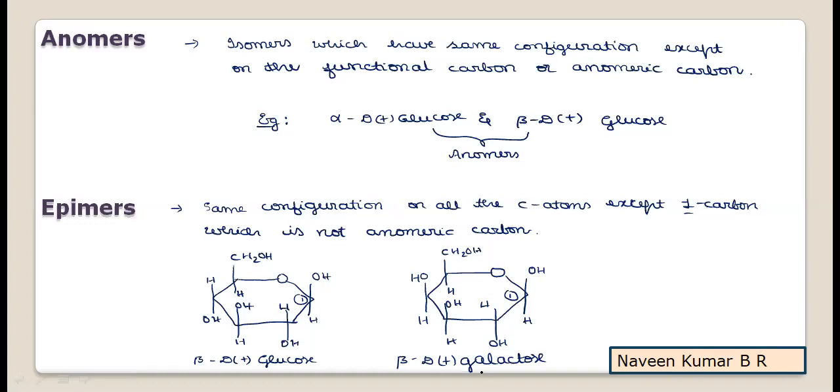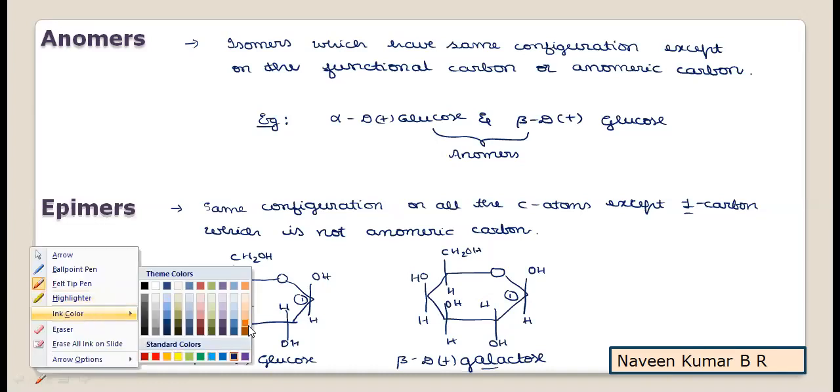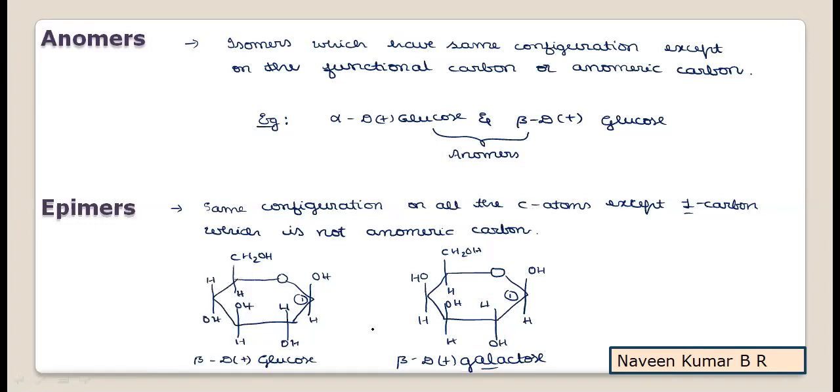Now observe that the change in configuration at this carbon, the fourth carbon, makes it a different compound, an epimer of glucose. This carbon gives the significance. Here the hydroxyl group is above, whereas in glucose on the fourth carbon the hydroxyl group is below. Here it is above, here it is below.